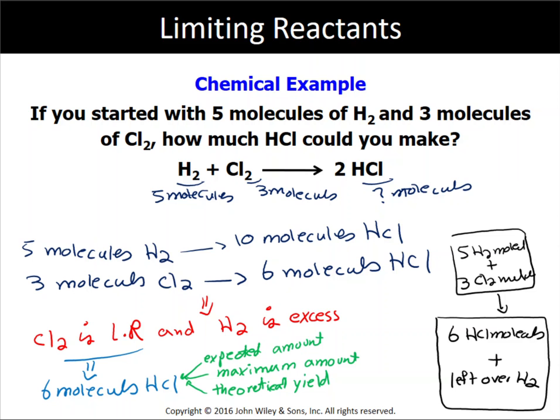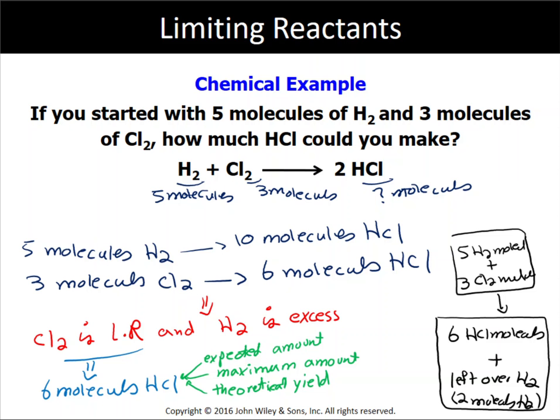And I can also figure out how much hydrogen gas is left over here. The ratio between hydrogen and chlorine is 1:1. So for 3 molecules of Cl2, you only need 3 molecules of H2 as well. And that leftover H2 is 2 molecules of H2. So we have a good understanding of exactly what we have in our reaction flask.